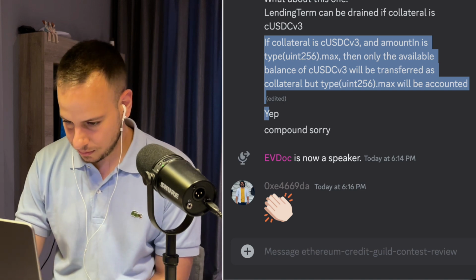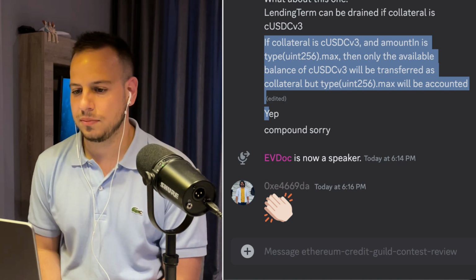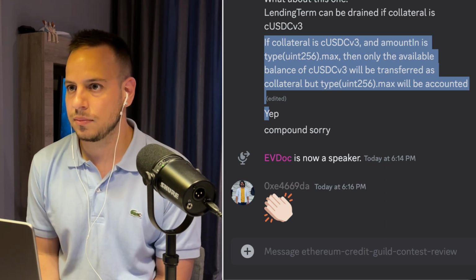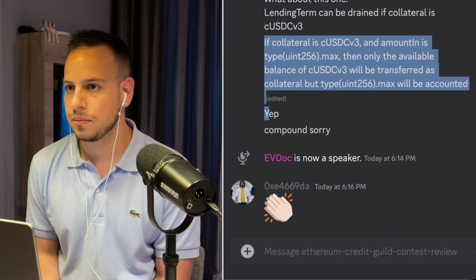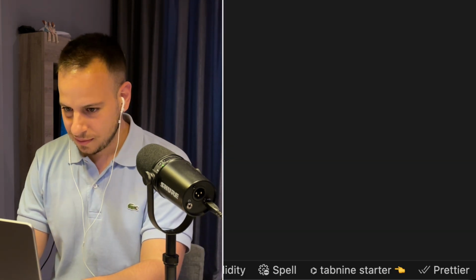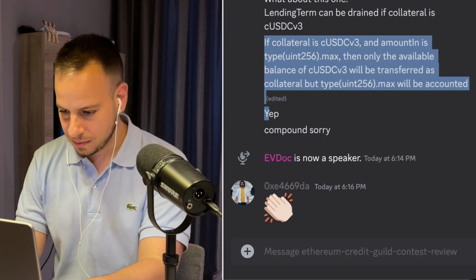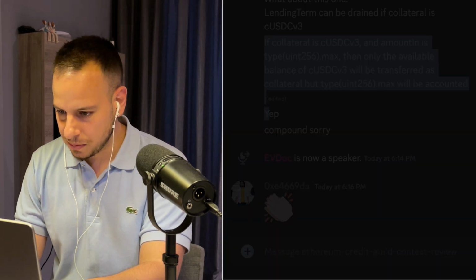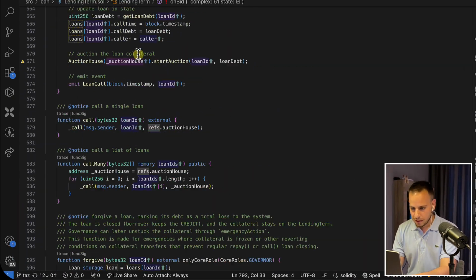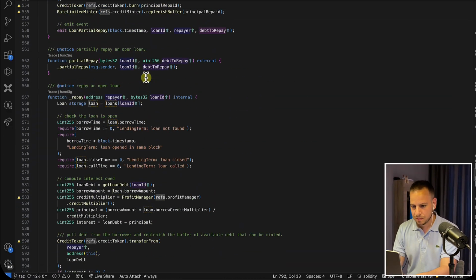It's about the opening fee. I think that it must be charged once, but it's charged on each partial repayment. Ooh, this is interesting. You can take a look at the get loan debt function. You know what? Wait, I'll show my screen again. Let's see, we missed that. So in which function?